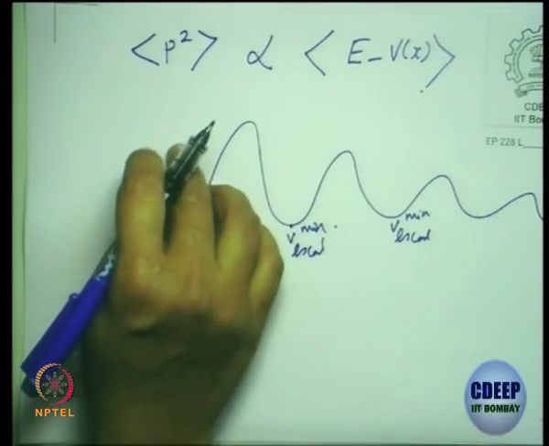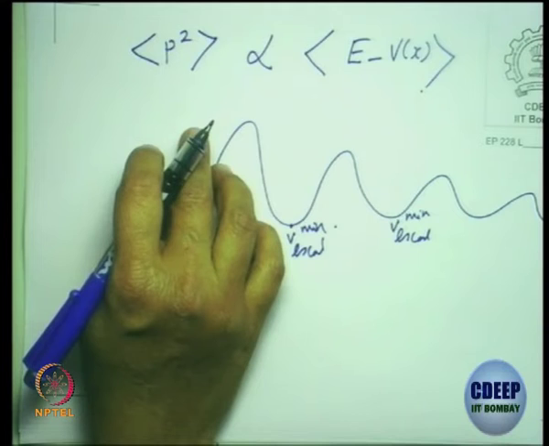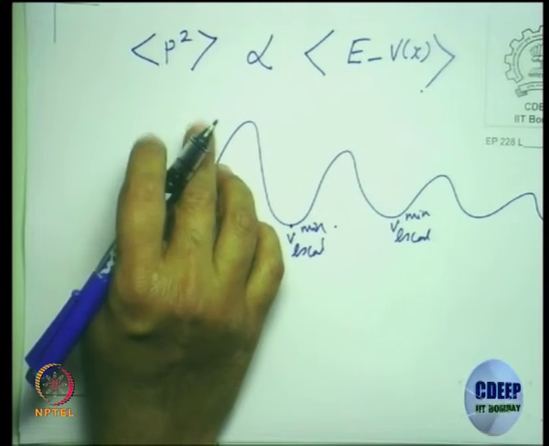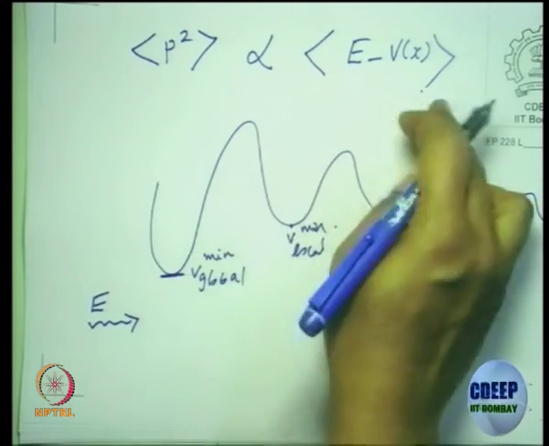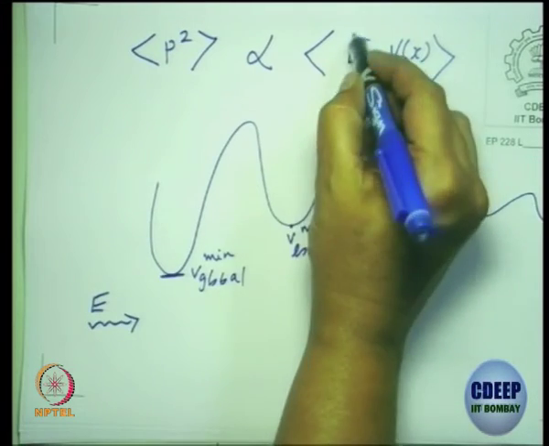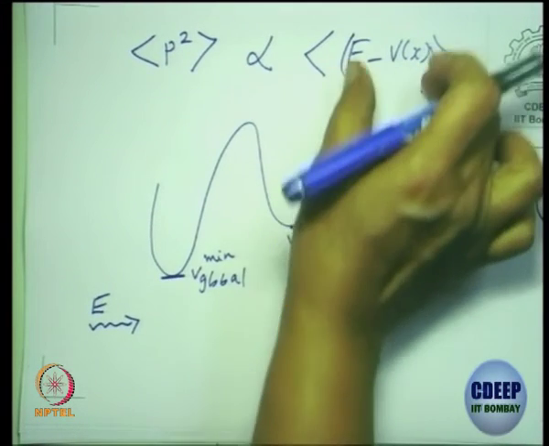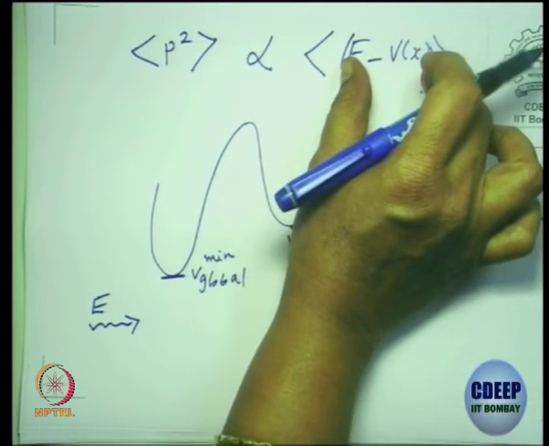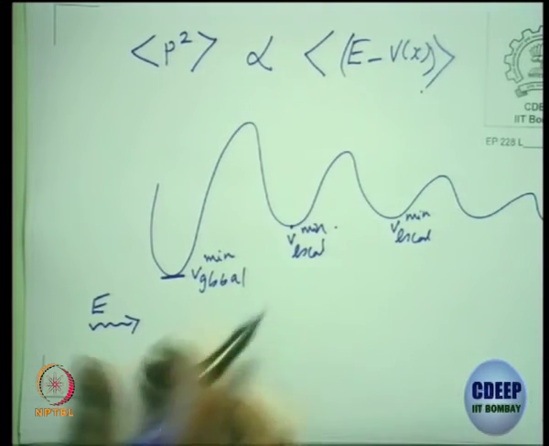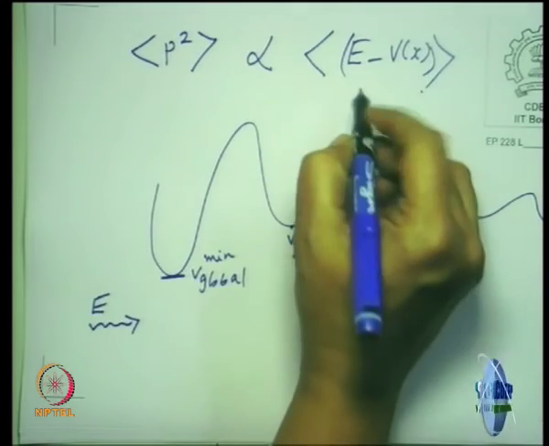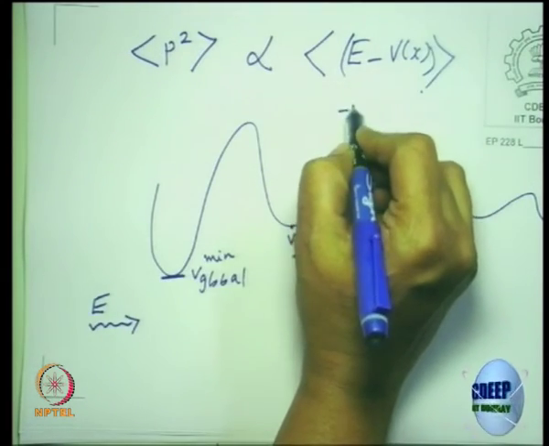P squared over 2m in the Schrodinger equation, the expectation value will be the same as the expectation value of E minus V of x. What is this quantity for this energy? It's negative, right? So this expectation value will always be negative.